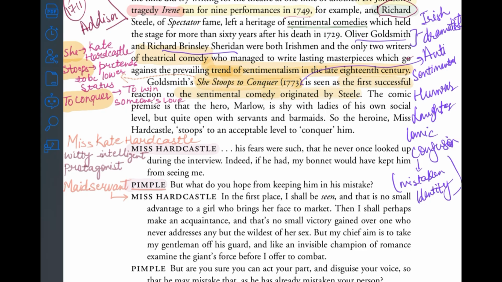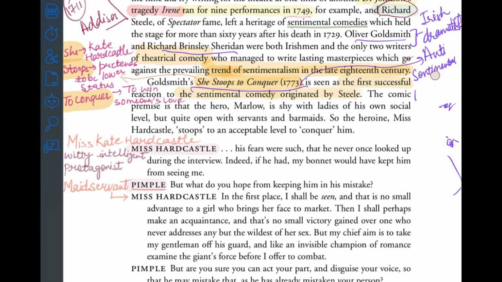So this made the play very famous, and the title reflects the strategy of the heroine, who lowers her social position to achieve success in love. What are the key themes? Key themes are very important. Just note down the important key themes: social class and behavior, very important, behavior. Then love and misunderstanding.